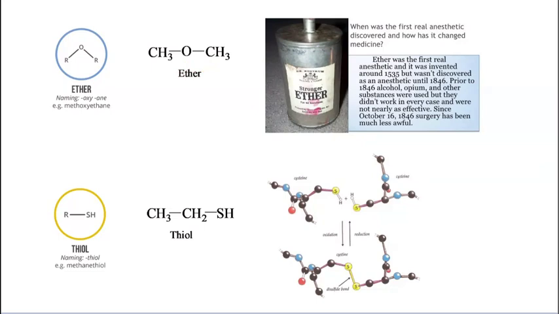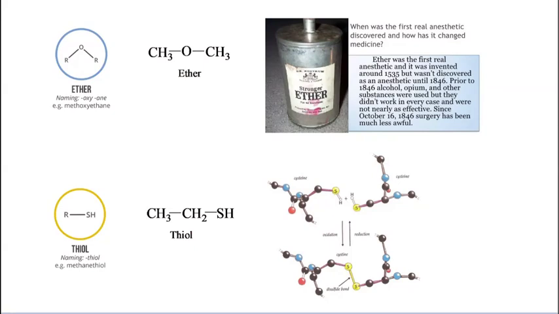You may be wondering, why are ethers important? Well, ethers were used as the first real anesthetic back in the day. We no longer use ether as an anesthetic, but it is important to note that in the beginning, when surgeries were performed, ether was one of the substances that was used specifically as an anesthetic.